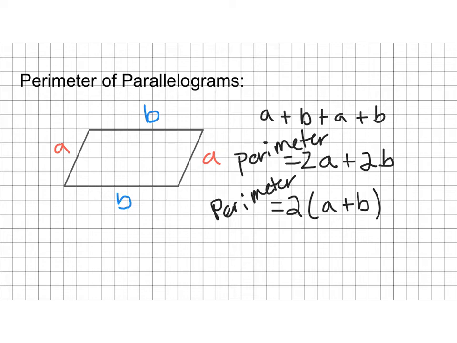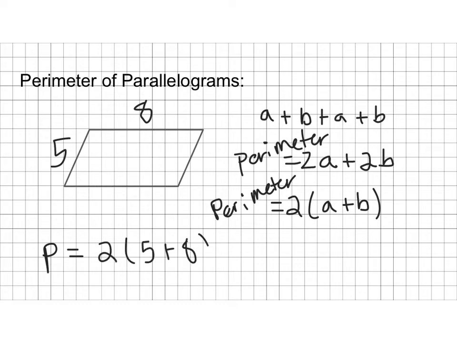So for example, I'm going to take away the A and the B's. If we say that the A side was 5 and the B side was 8, we could do that perimeter equals 2 times 5 plus 8, or 2 times 13, which is 26 units.